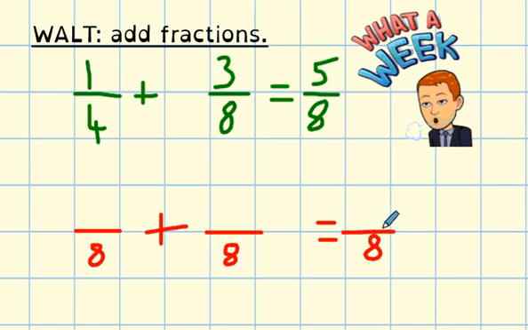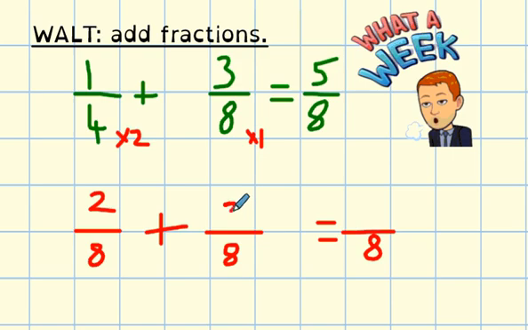What do I times 4 by to get to 8? I multiply it by 2. 4 times 2 is 8. I times my denominator by 2, I times my numerator by 2. 1 times 2 is 2. The 8 remains the same because I've just times them both by 1. 1 times 3 is 3.